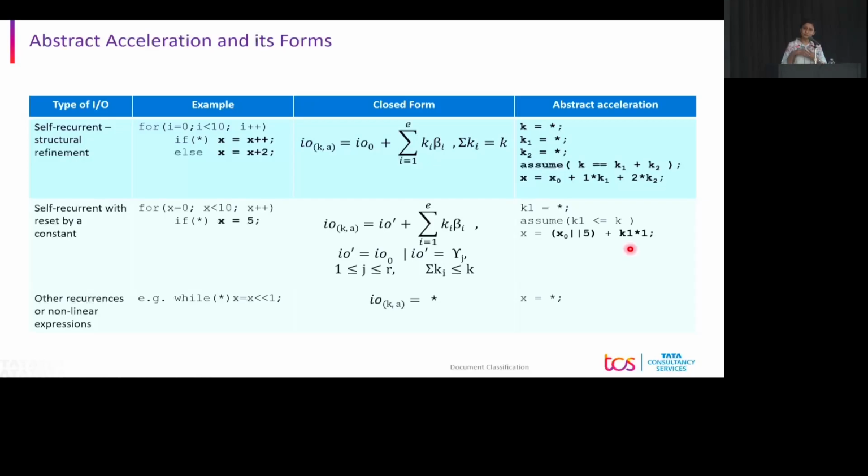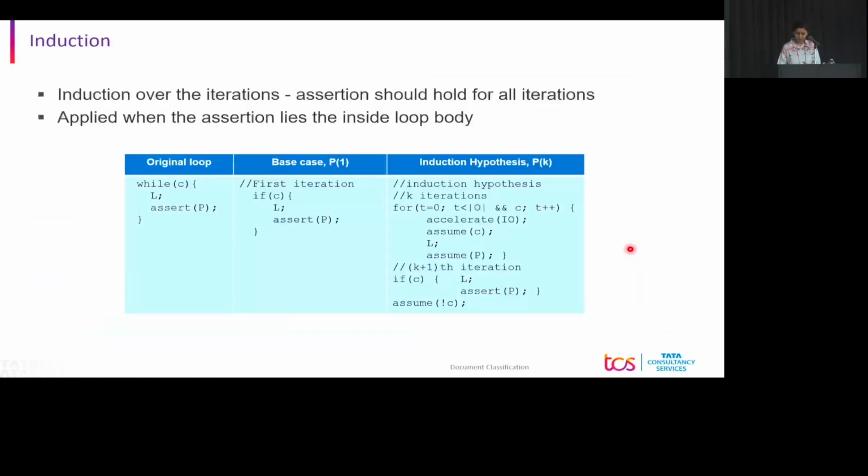Even though we are able to find bounds, there are loops where there are so many paths and they are nested. Suppose the property lies inside the loop, so we have a nested loop. There would be a base case, which would be a nested loop. Then there would be a hypothesis, which would be a nested loop of small bounds, but still a nested loop.